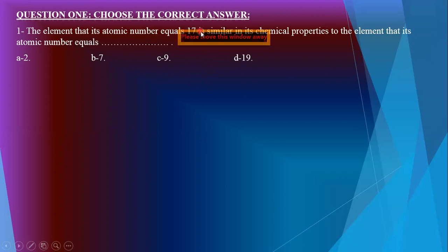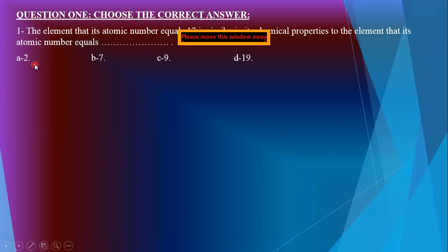If we write the configuration of 17, which is chlorine by the way, it is 2,8,7, so it is in group 7 because its outermost shell has 7. To be similar in chemical properties, the outermost shell of any of these elements must contain 7 electrons.